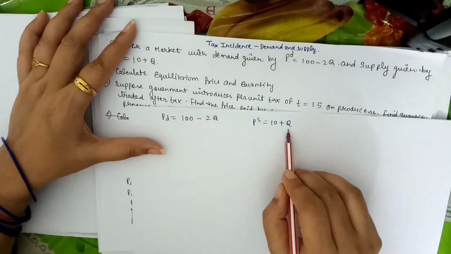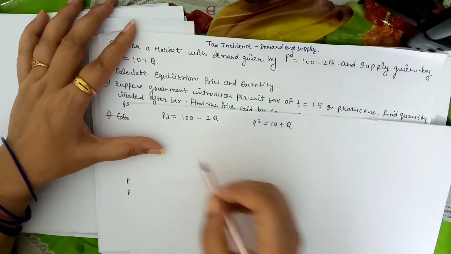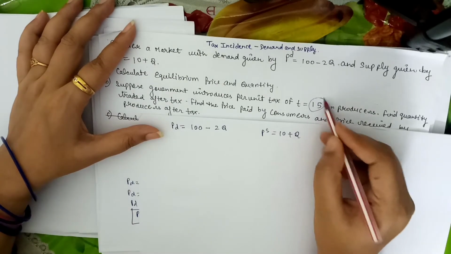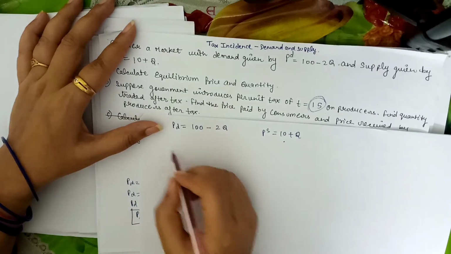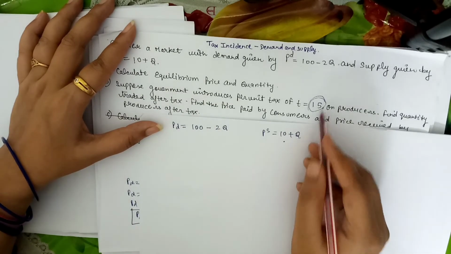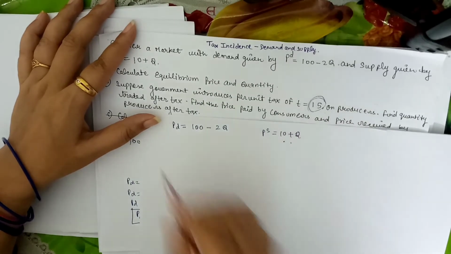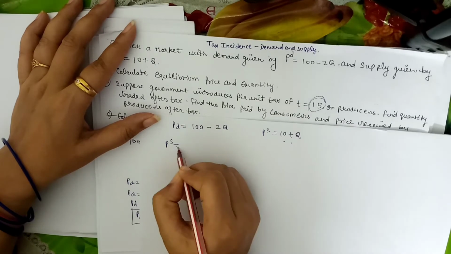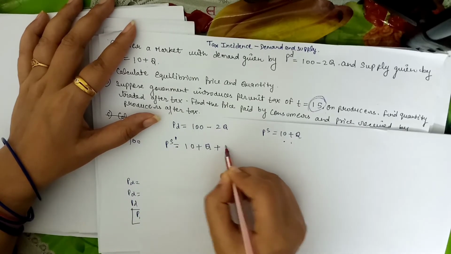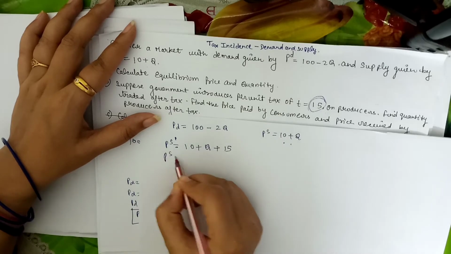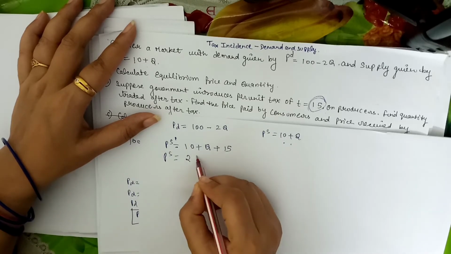So what I will do, we will just add this tax to the supply function. So here if we add this tax to the supply function, then we have the new supply equation, which is this.